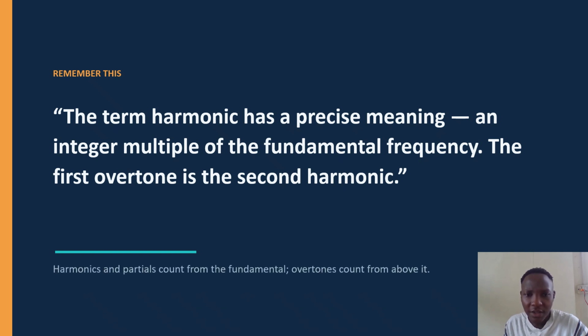The harmonics and the partials count from the fundamental, and the overtones count from above it. That's what you can remember from this session. Because overtones start counting above the fundamental, the first overtone equals the second harmonic, which anchors everything else in the relationship we have seen on the other slide.